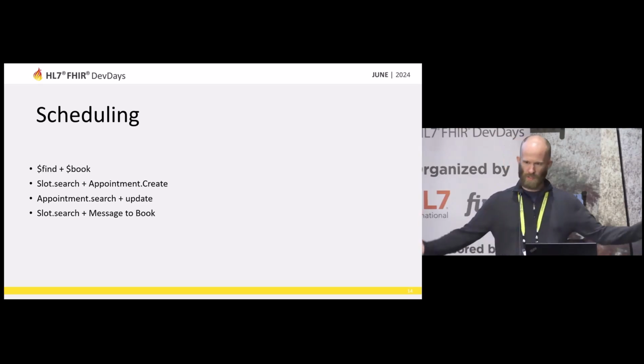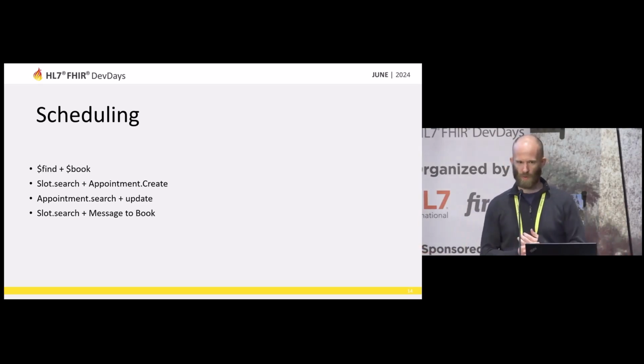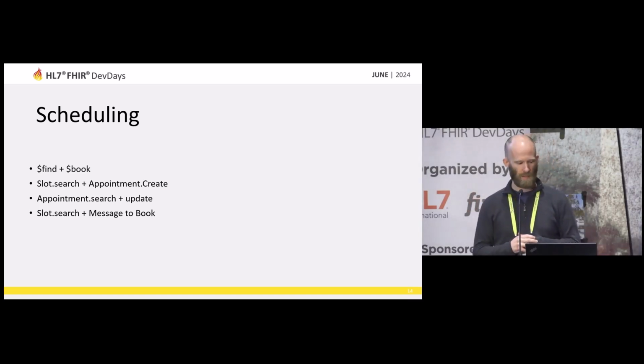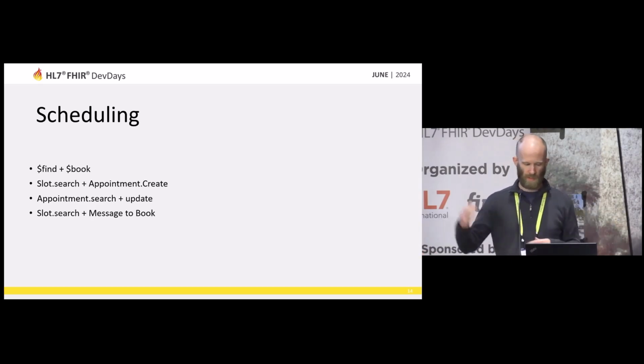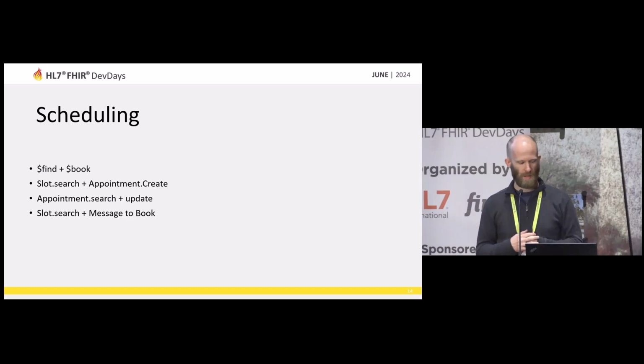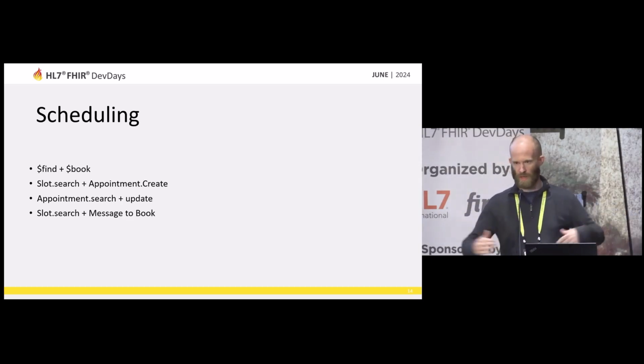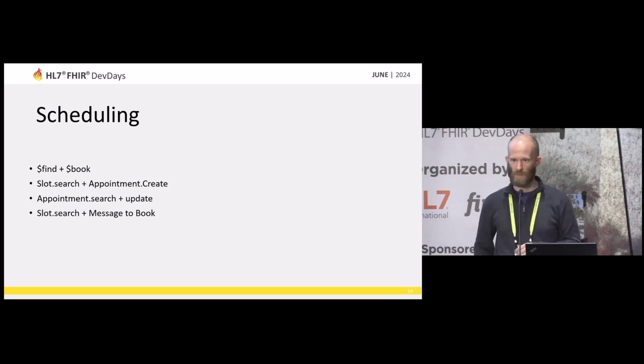We asked a bunch of EHRs, and all the EHRs came back and said, here's what we support. Many EHRs actually supported a way to do this for FHIR, but they all did it differently. For example, Epic supports the Argonaut $find and $book operations: $find to get availability, $book to schedule the appointment. Other EHRs were doing a slot search to get availability, an appointment create to book it, or an appointment search for proposed appointments, and then you just update that appointment to book it. Since then, we've seen even more options where you can do a slot search to find availability and then a FHIR message to actually book it.